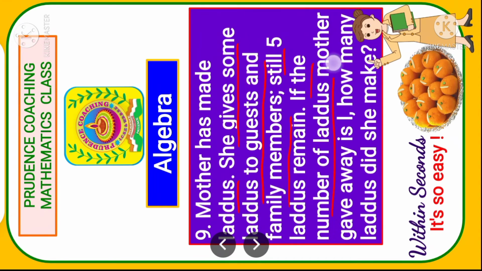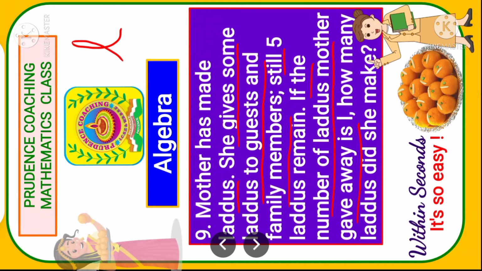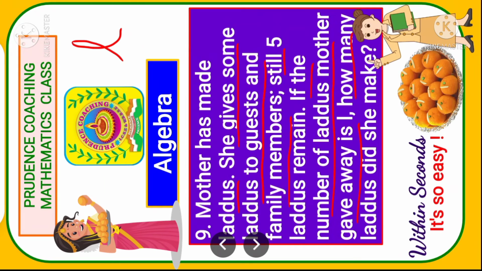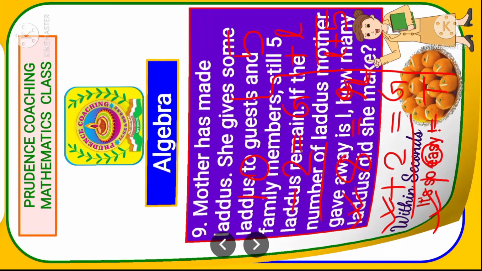If the number of laddus mother gave away is L, so here how many laddus mother gave away is not stated. It is just given in variable L. So L is the number of laddus given away by the mother. How many laddus did she make? You are asked to find out how many laddus were made by the mother.